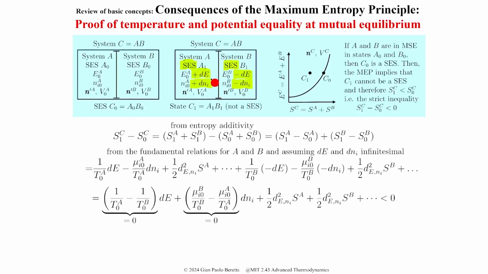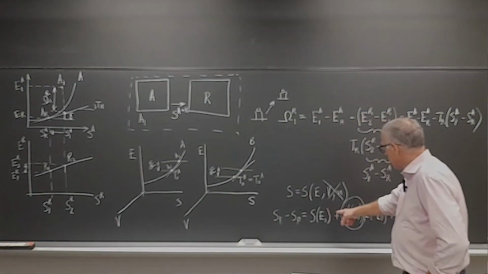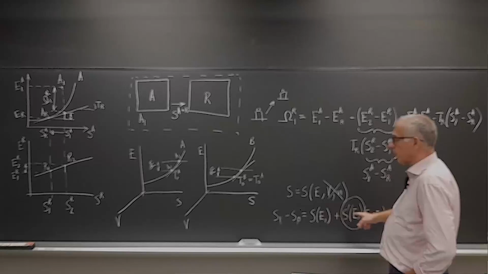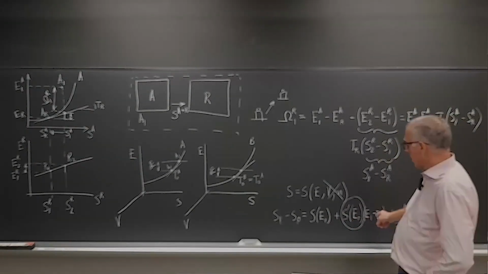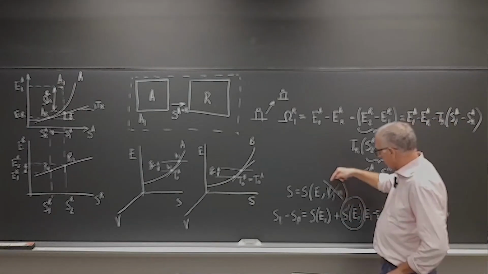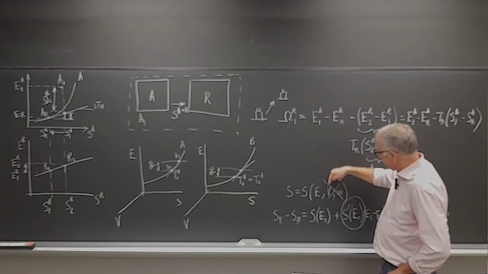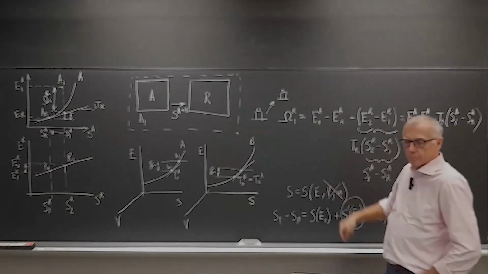Well, exactly the same procedure. I'm going to exploit the fact that the entropy S1 must be less than that of S0. Only that when I do the series expansion for the energy, it's still the same, but now I'm not changing the volume, I'm changing the amount.